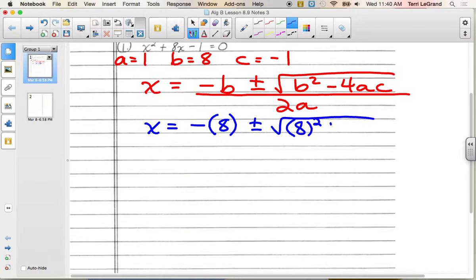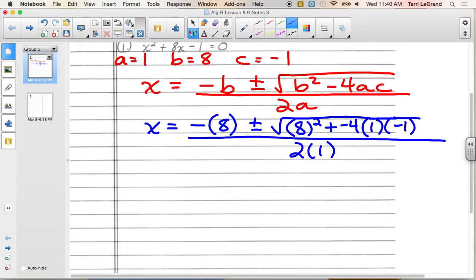We're going to change our subtraction to add the opposite, make that a -4 plus a -4. Substitute in a 1 for A and a -1 for C. And then we do not forget about the denominator. 2 times 1.